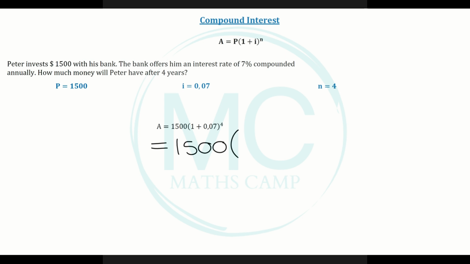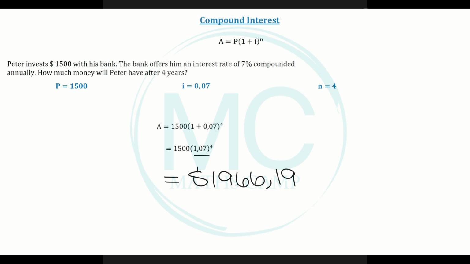Open our bracket, 1 plus 0,07 gives us 1,07 with an exponent of 4. Now we can take 1,07 to an exponent of 4. Then we multiply by 1500 and we get an answer of $1,966.19. This is the amount that Peter will have after his investment.